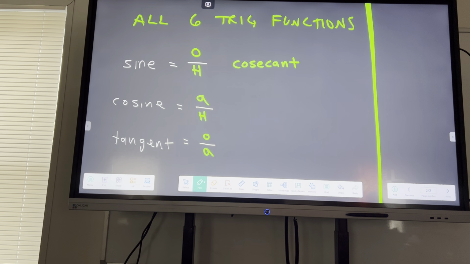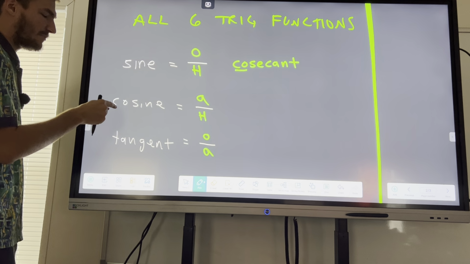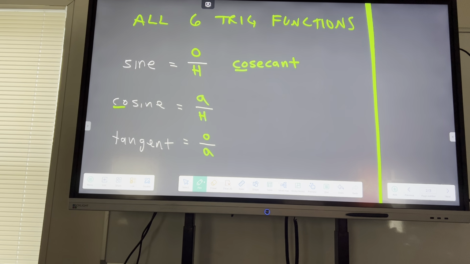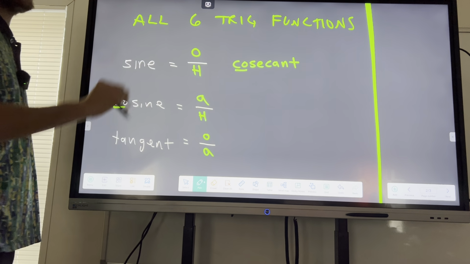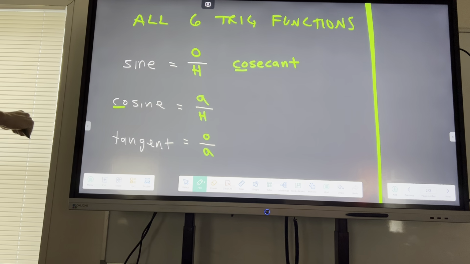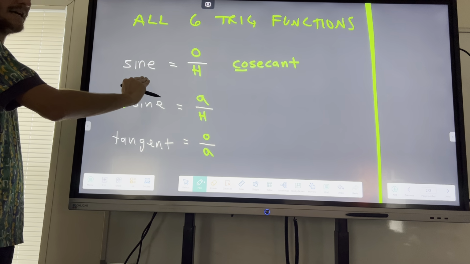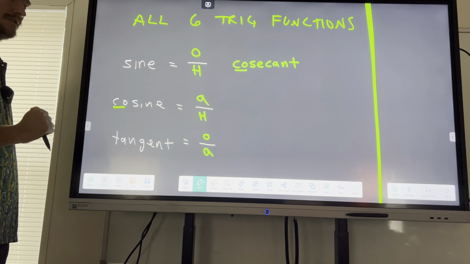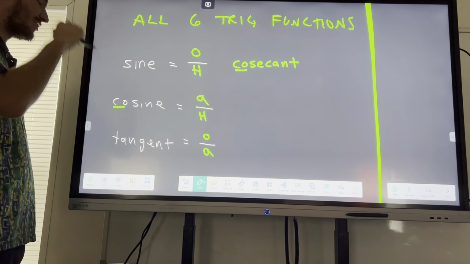Now, it is a co in the same way that we have cosine, right? So that is a pattern, cosine, cosecant. Now, since we have a cosine that comes with a regular sine, guess what one of our others is?